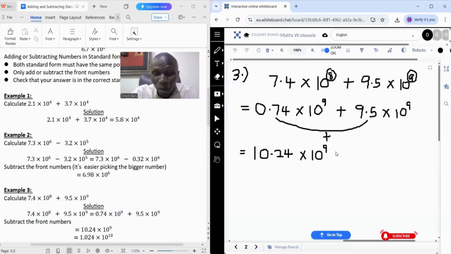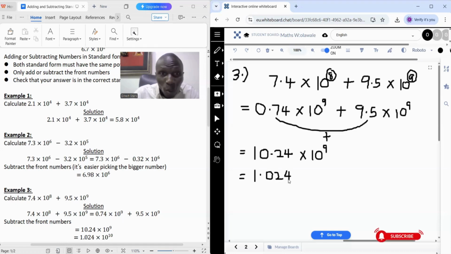So what we're going to do here is reduce the front number by one decimal place, and from there, increase the power by 1. So reducing 10.24 by one decimal place, we're going to have it to be 1.024.